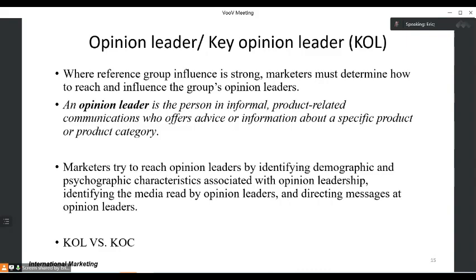Especially in consumer behavior, there is one guy or some guys who have more information about the product, the special skill to evaluate the product, the initial appearance of the product, and the special distribution channel to get this product. So they have more power over this product. We also call them opinion leaders.